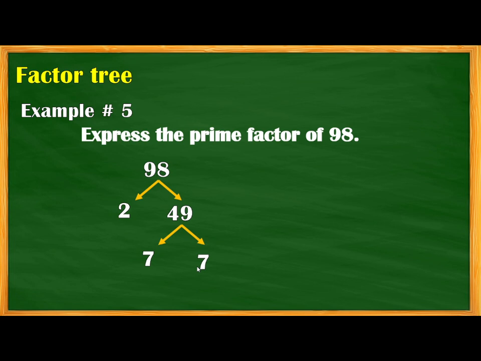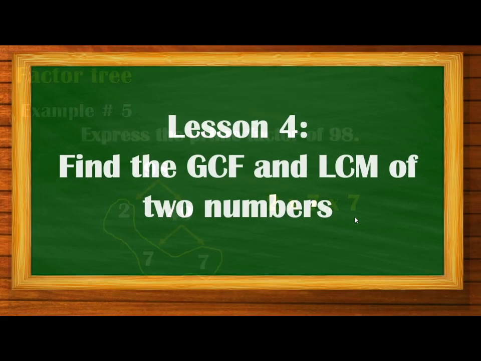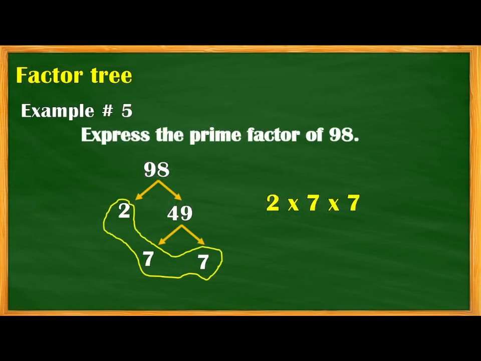So 7 and 7 are both prime numbers. So these will be our prime factors: 2 multiplied by 7 multiplied by 7. I hope you already know how to use continuous division and factor tree in prime factorization.